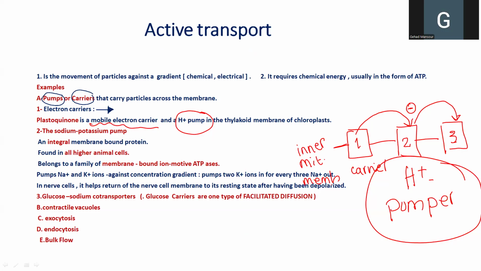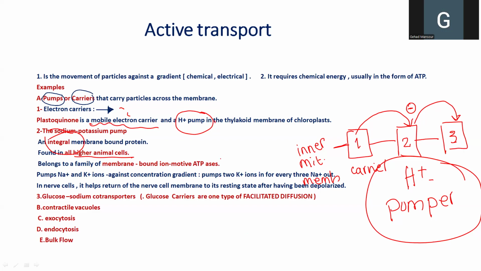And then we have another famous active transporter, which is the sodium-potassium pump, and we've talked about it before. We said that it is an integral membrane-bound protein, meaning that it spans the whole thickness of the membrane, and that it is present in higher animal cells.